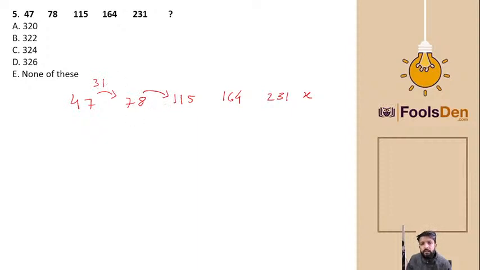From 80 it is 5, minus. Then here 36 plus 30. There is a trend. Let us find the level difference.